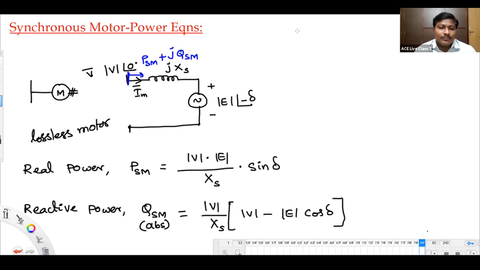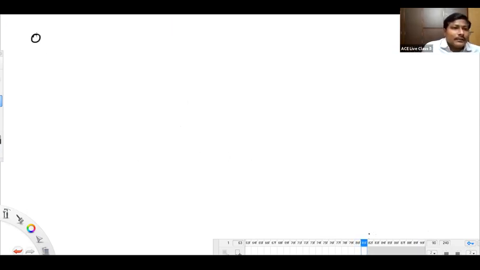Just from the two-bus system expressions, we have written the real and reactive powers. Now, this is QSM absorption. What is QSM supply? Supply will be the negative of this. Let me write that also. QSM supply will be the negative of QSM absorption.